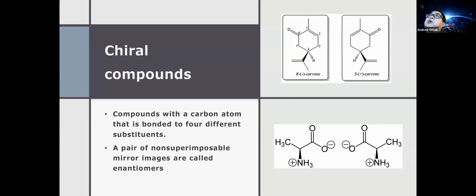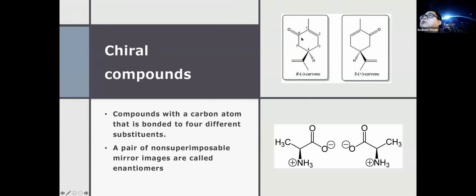So remember, chiral compounds are compounds with a carbon that has four different substituents. In this ring structure, we see that both sides of the ring are not equivalent, so these are two different substituents. Here we have a stereocenter, and then we draw its mirror image. Pretend a mirror is right here and mirror the image back.